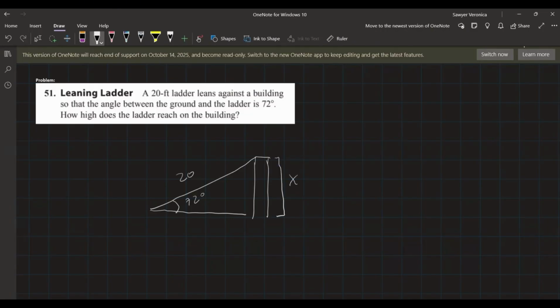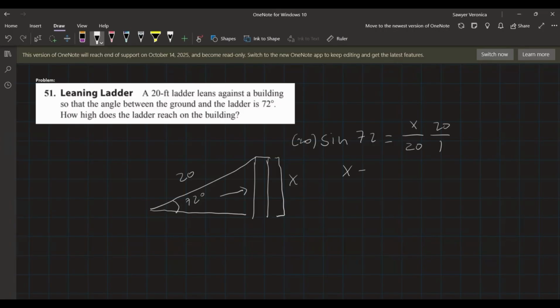So you are given an angle, the hypotenuse, and the side opposite the angle. The trigonometric function you would use here is sine. Sine 72 degrees is equal to the opposite over hypotenuse. So x over 20. You would isolate x by multiplying both sides by 20.